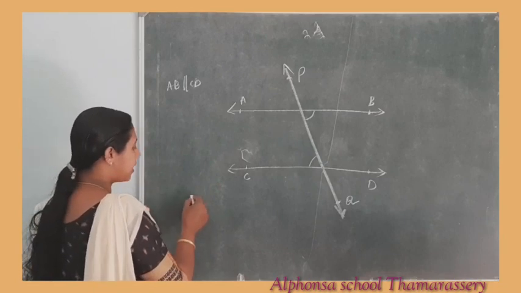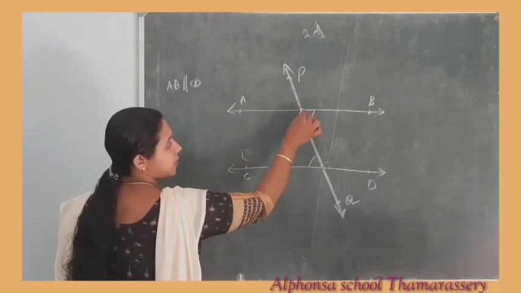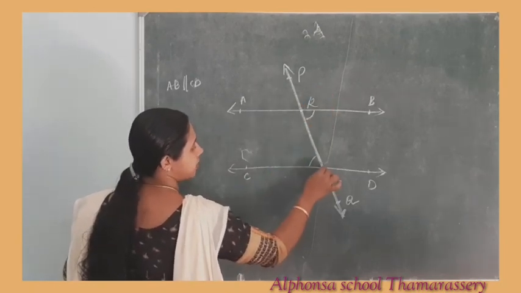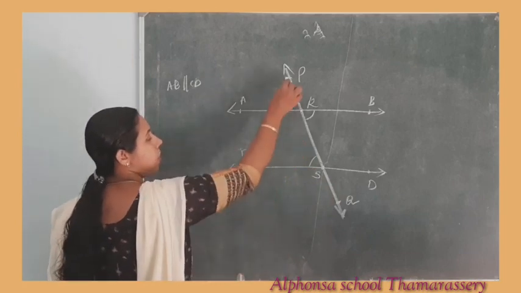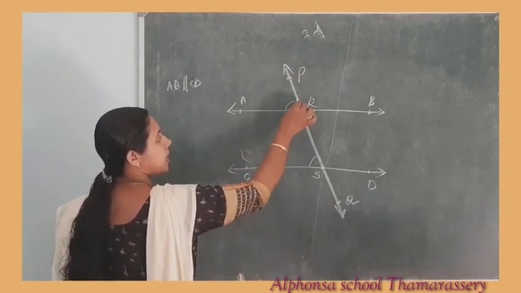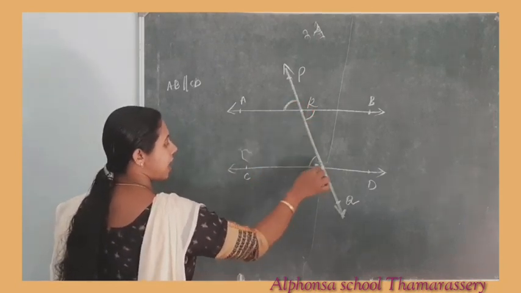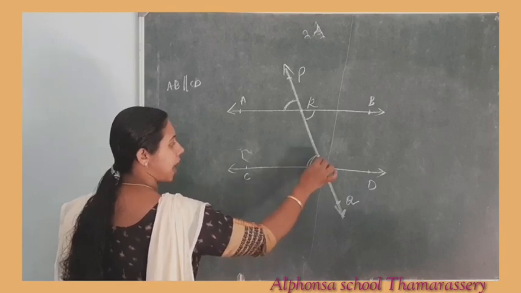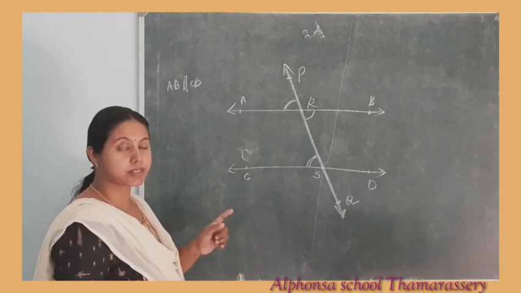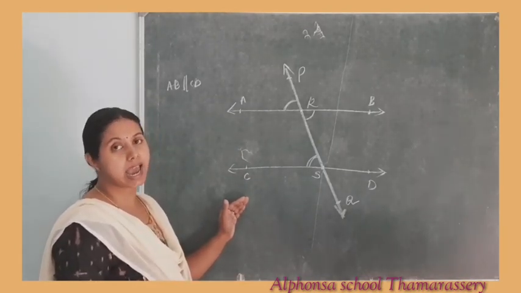You can name the intersection points R and S. So, angle PRA is equal to angle RSC because these two angles are corresponding angles. If a transversal intersects two parallel lines, then each pair of corresponding angles is equal.